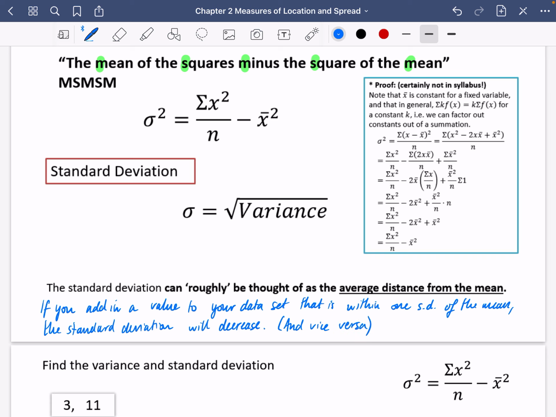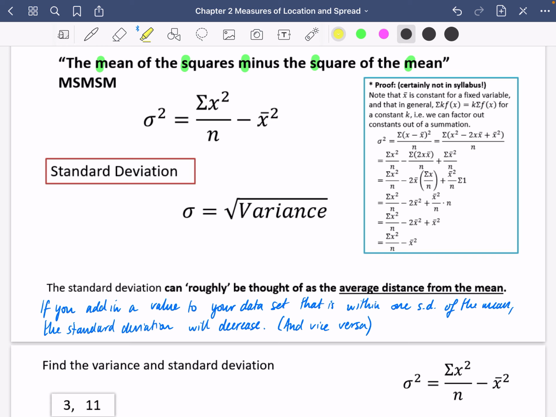If you think about why this is true, if the standard deviation is the average distance from the mean, and you add in something that is smaller than that average distance from the mean, so it's close to the mean, then overall that average distance from the mean is going to decrease.